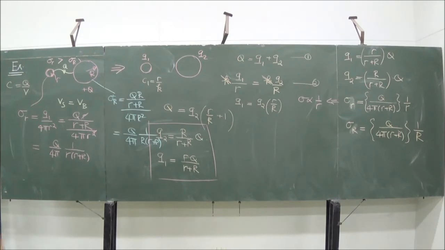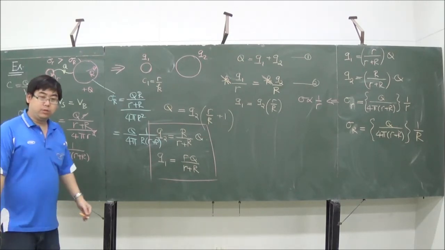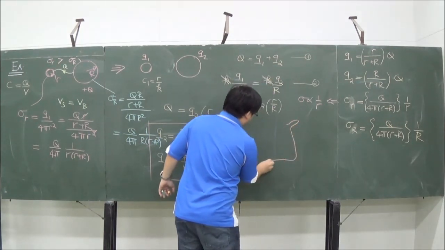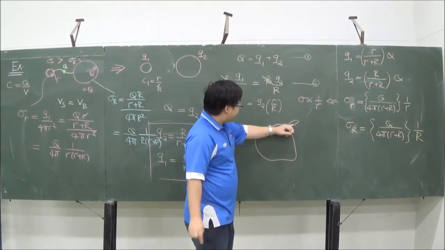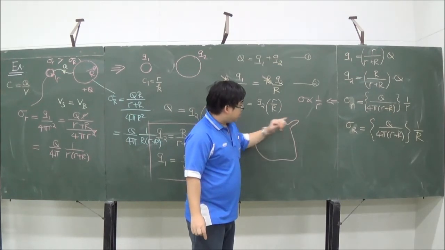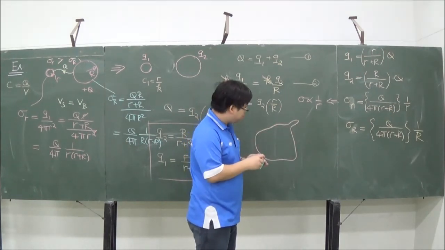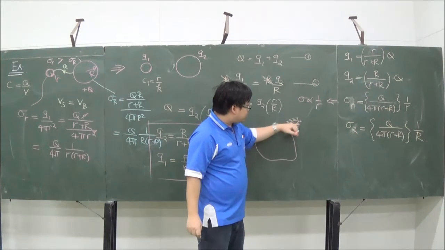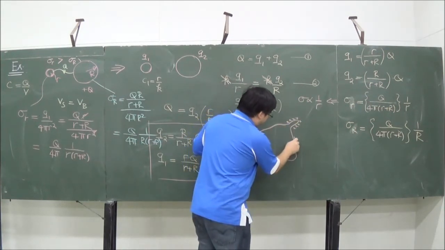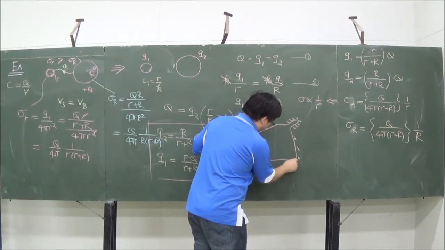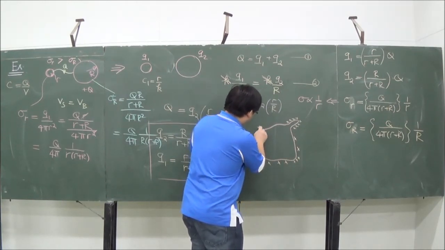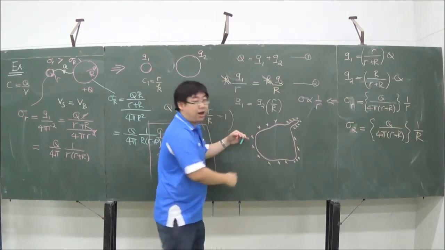So this example tells you that if you've got metal and you've got a pointed part like this, most of the charge will concentrate on this part rather than this part.